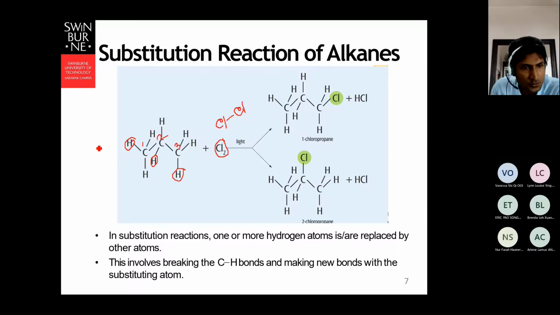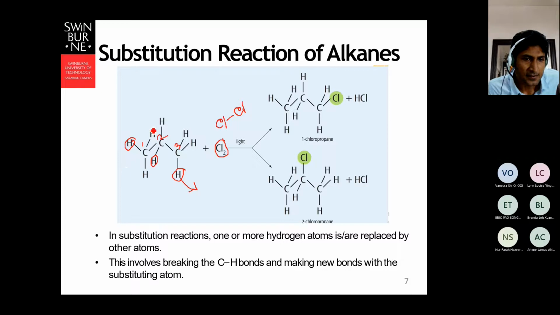Now one thing is that carbon 1 and 3 are similar. Both are at either end, right? Both are from either side, and the 3 hydrogens on carbon 1 and 3 are similar to each other, so we cannot differentiate. All the atoms look the same. So 1 chlorine can go here.